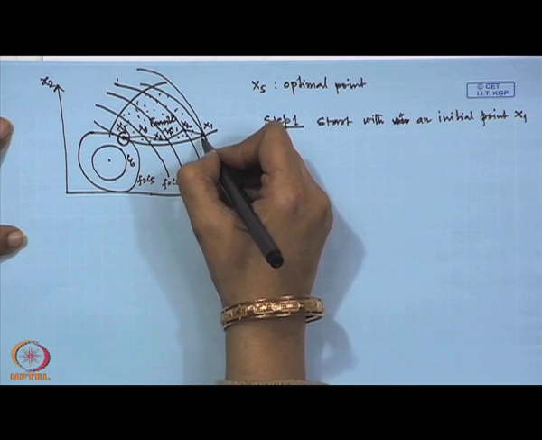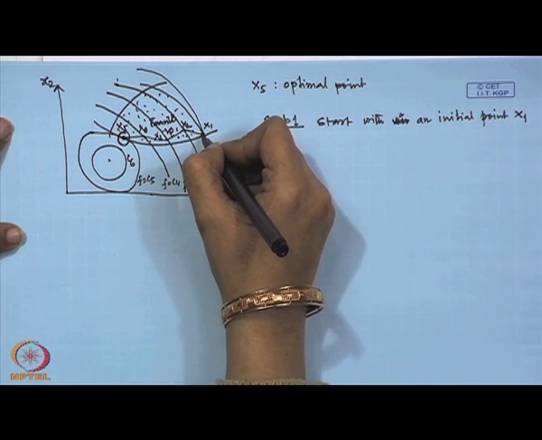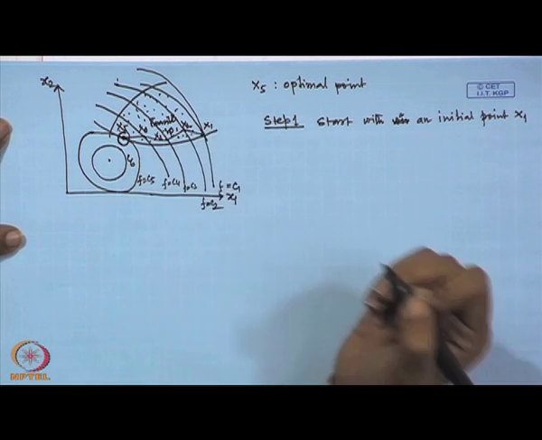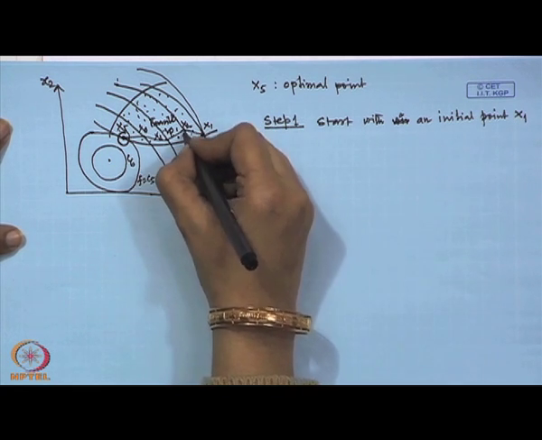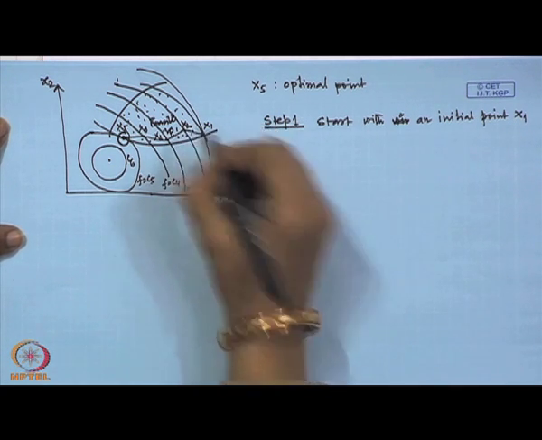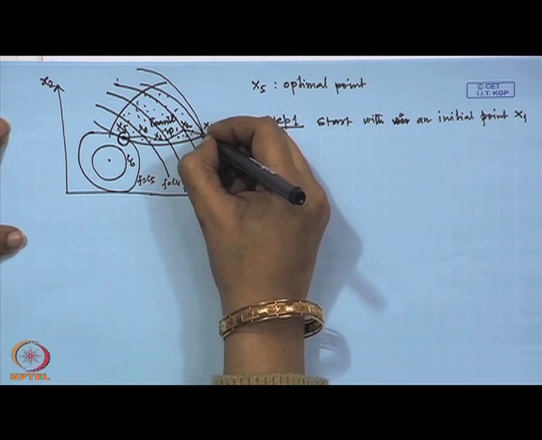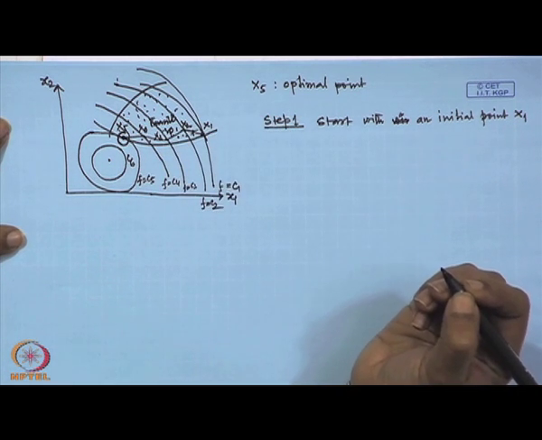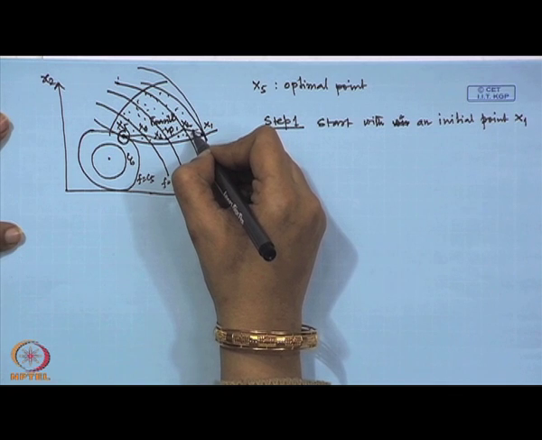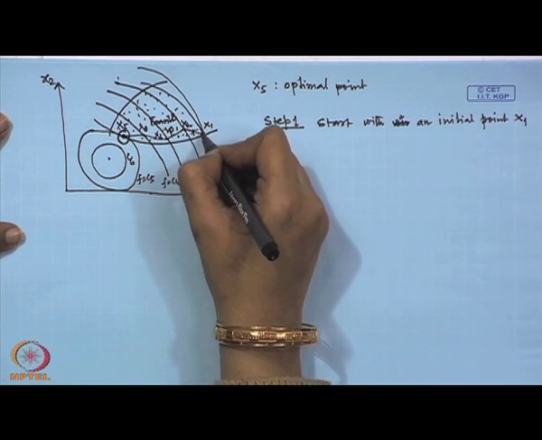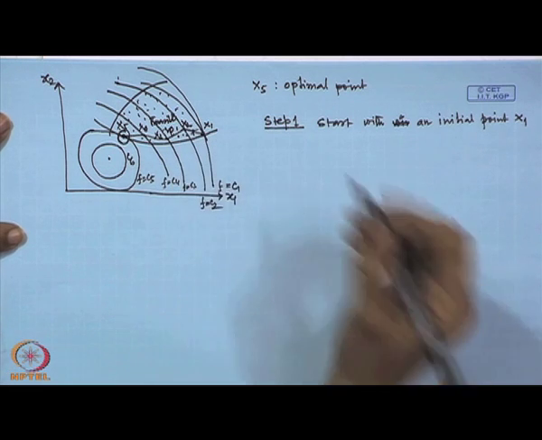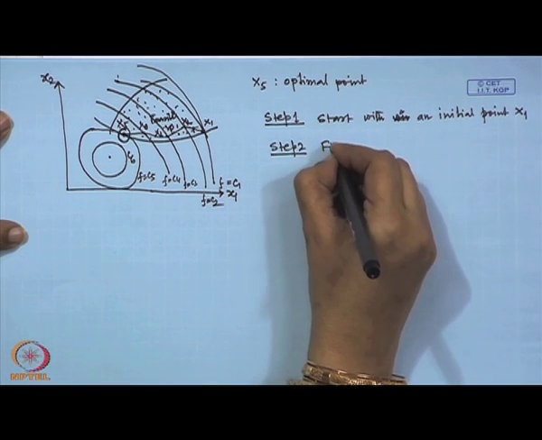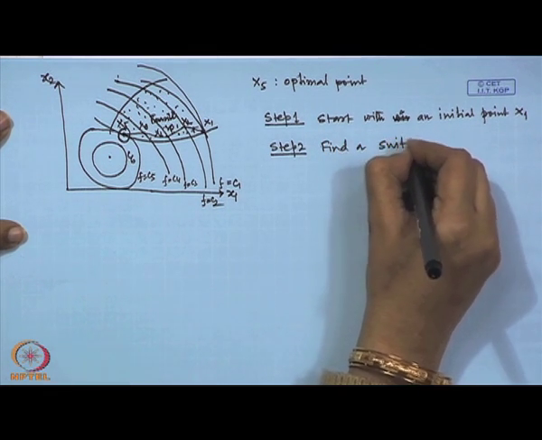We need to find the direction which gives us a better value for the objective, and we will also be restricted within the feasible space. One of those possibilities is x2. If I move from x1 to x2, that means we have decided to move in this direction. The second part is that there is a step length: I will jump from here to here. That is why step 2 for this iterative process would be to find a suitable direction.